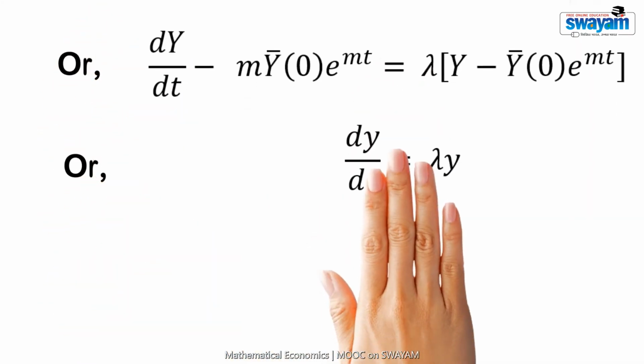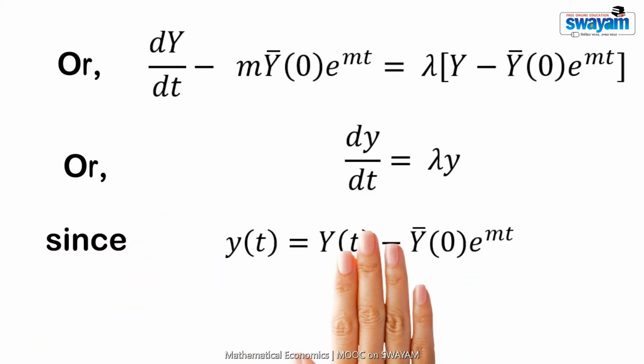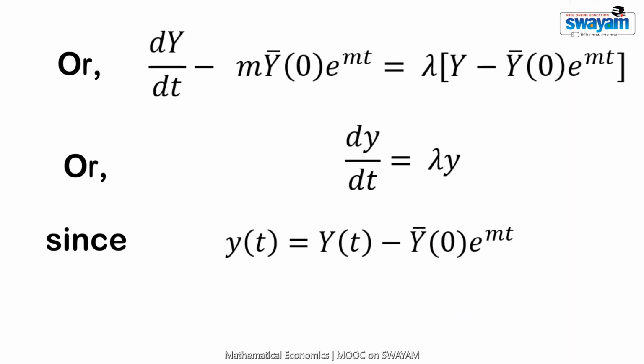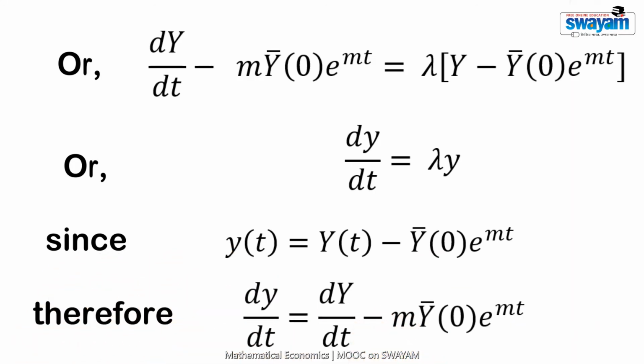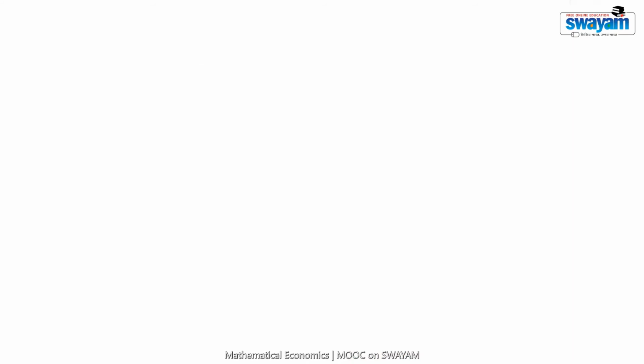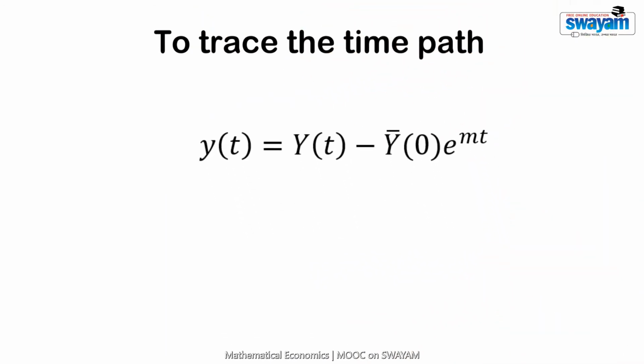If you remember, y(t) is equal to capital Y(t) minus y bar 0 e to the power mt. Therefore, differentiating gives us this result. Now to trace the time path, we considered this equation.